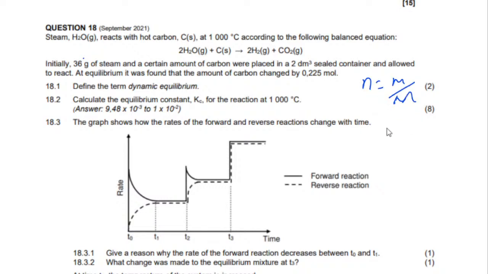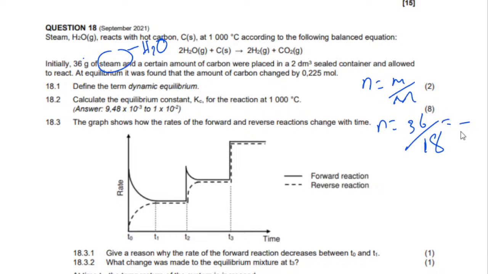So number of moles is 36 divided by the molar mass of steam. Steam is H2O, you understand? So H2O is 1 times 2, plus oxygen, which is 16, making it 18. 36 divided by 18, so I get the answer here.